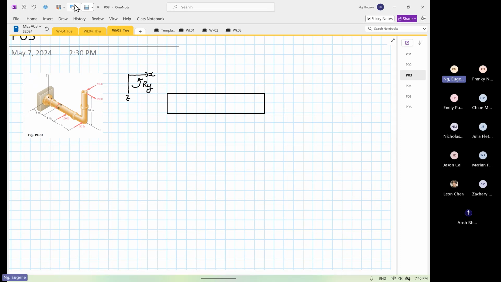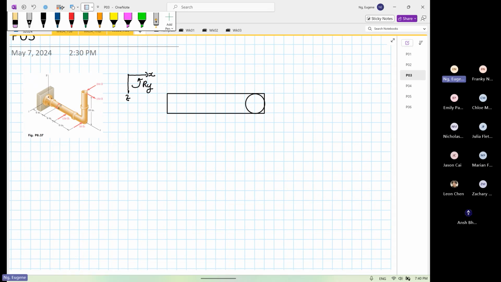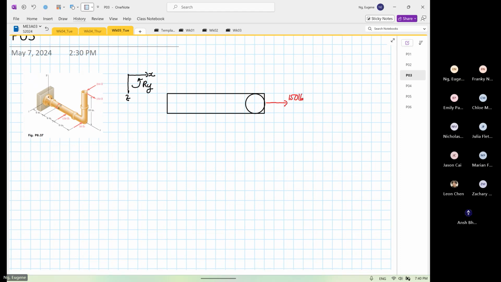Right, and then there is a round, right, and then I'm going to draw the forces. So you have over here 150 pounds.